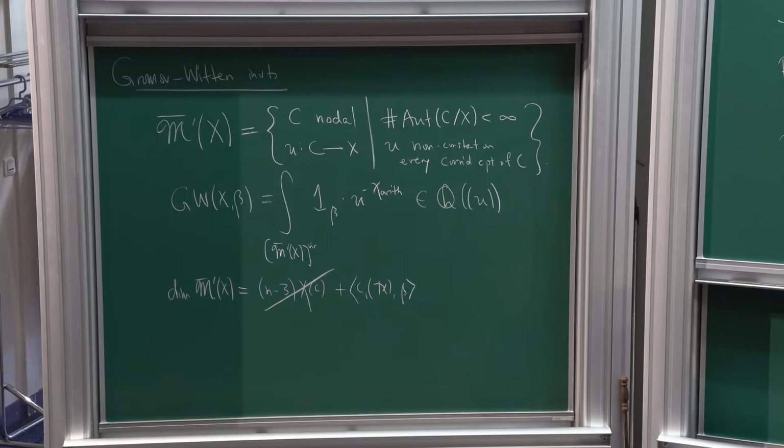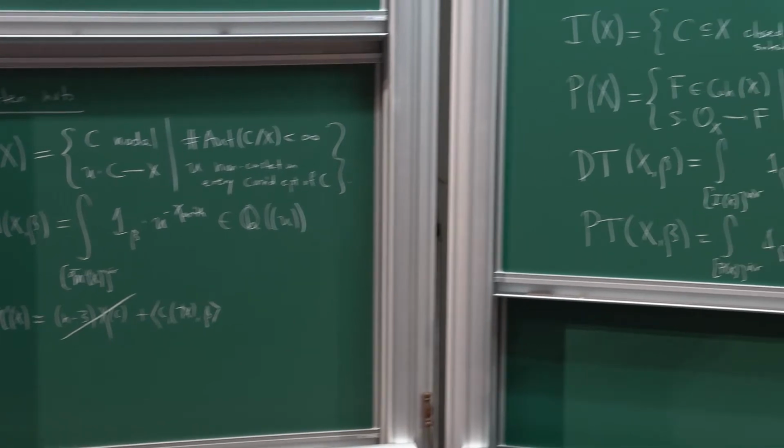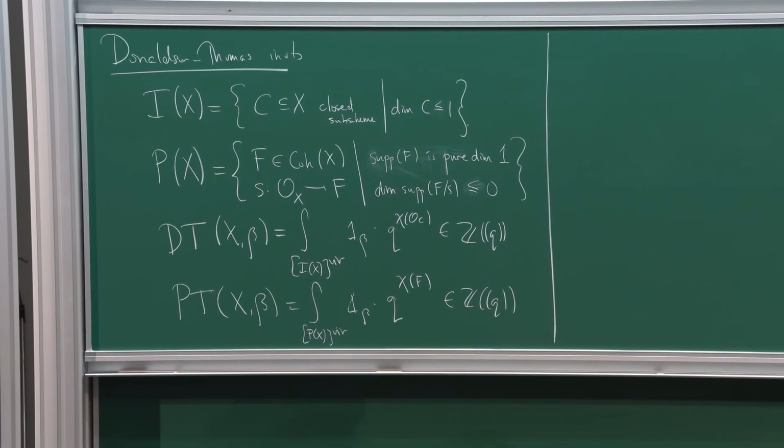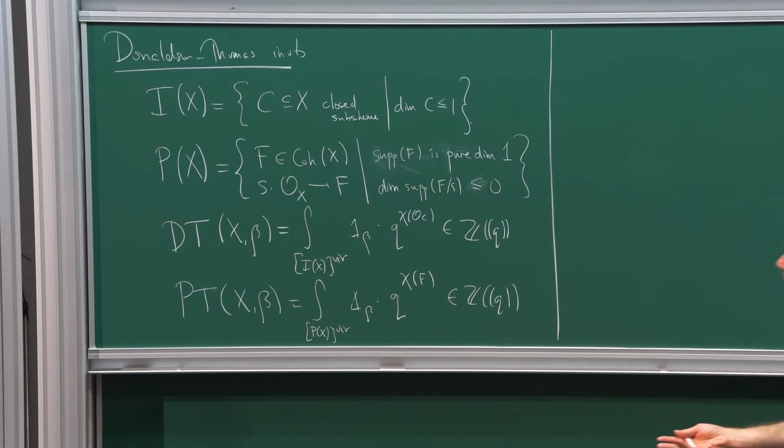Virtual. Virtual, yes. Yeah. For the Donaldson-Thomas invariants, to have a perfect obstruction theory on these spaces, this notion of counting with multiplicity, that uses n equals 3.